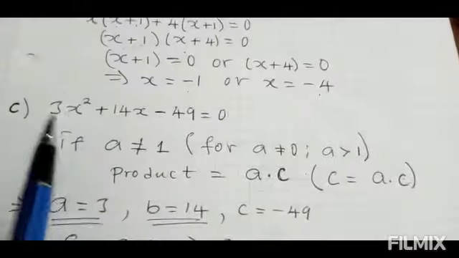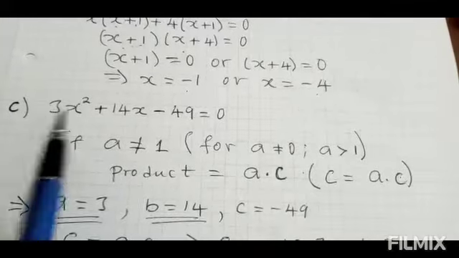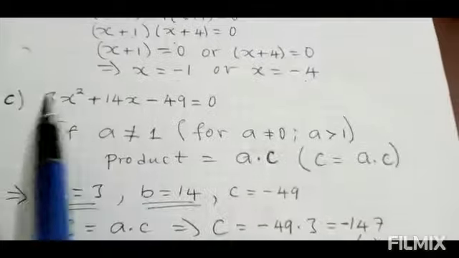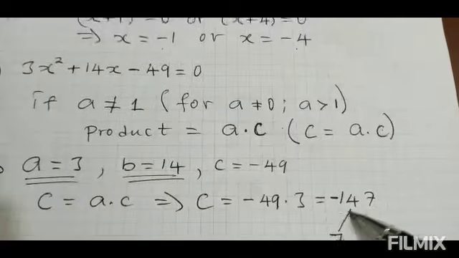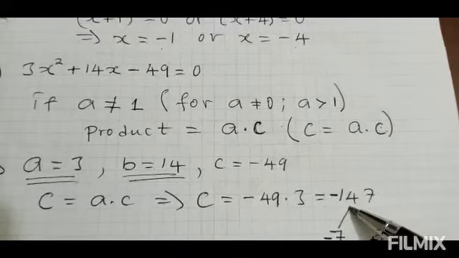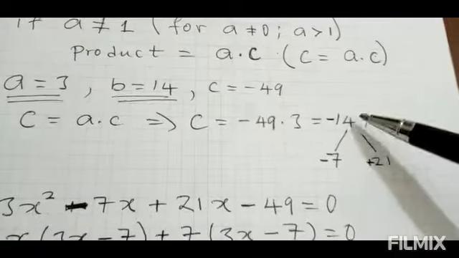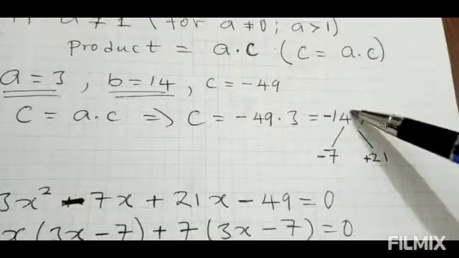Every time a is not equal to 1, we multiply a and c to get the product. So our challenge is to find the factors of minus 147.